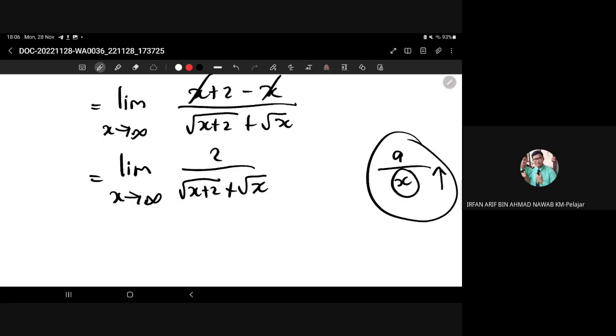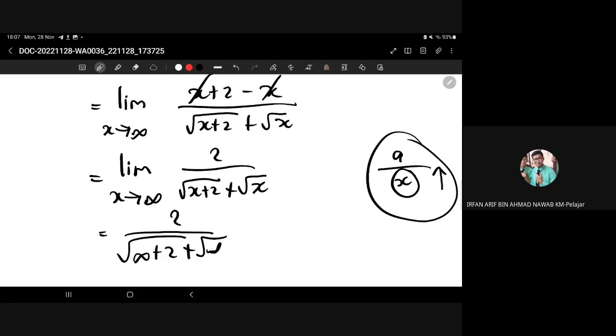Therefore, you don't need to substitute x with infinity, okay? Because infinity is not a value. It's just a concept where you're trying to say that x is approaching infinity. It's not a number. So you can't just substitute infinity plus 2 over infinity.